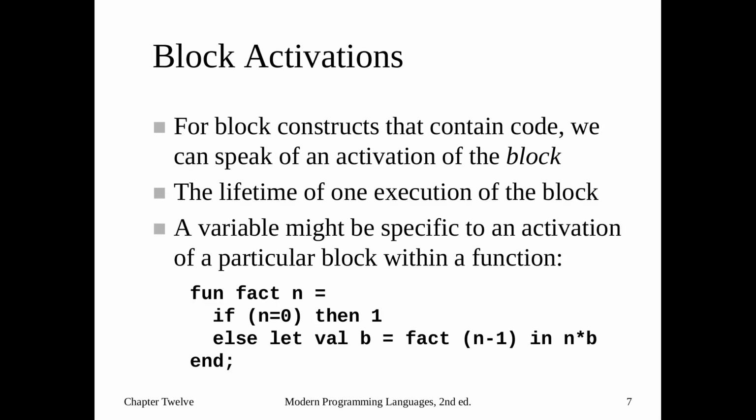We also need to know that for block constructs, if we think about the let block that contains code, there's an activation for that block. The lifetime of that execution of the block is tied to the activation of the function in which it exists. So a variable can be specific to an activation of a particular block within a function.